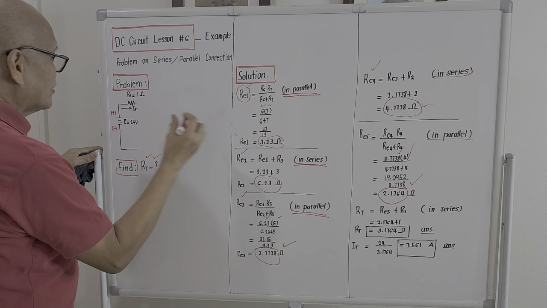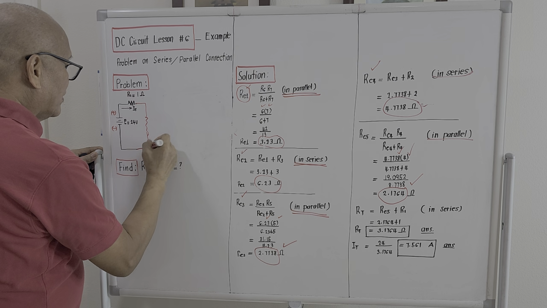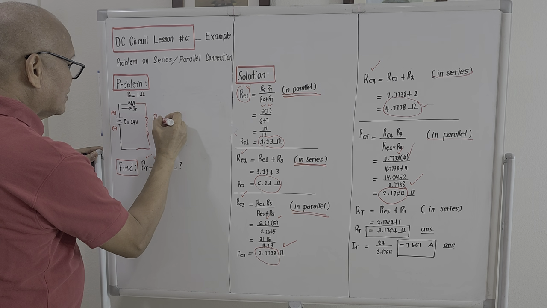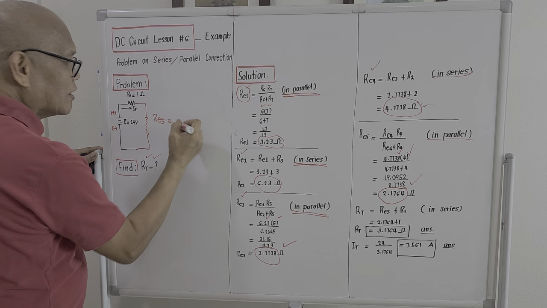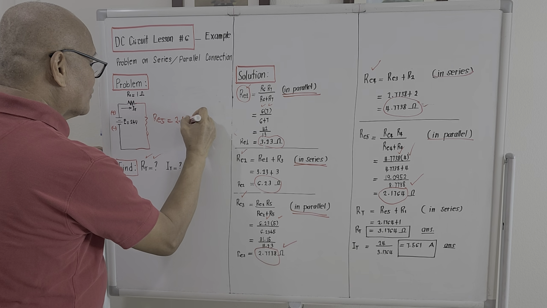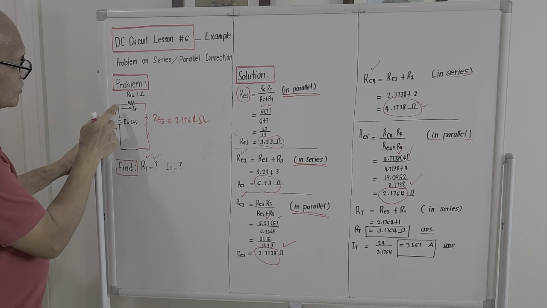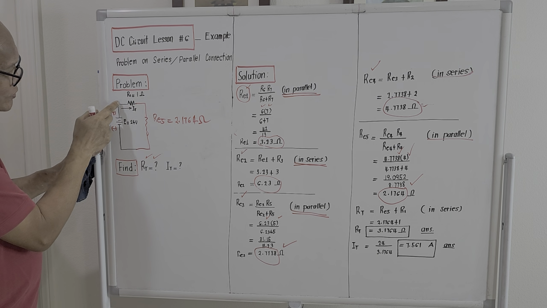And we'll place RE sub 5. This is RE sub 5, and the value is actually 2.1764 ohms.